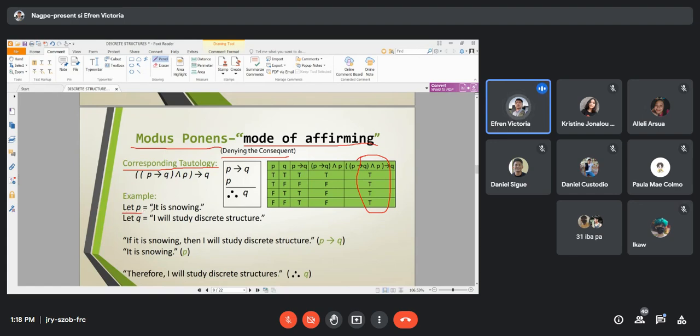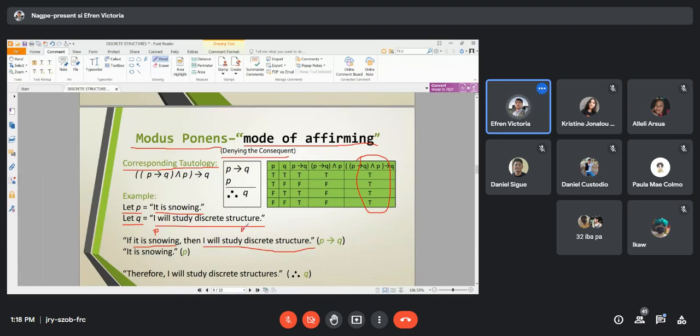Let P is equal to it is snowing. Let Q, I will study discrete structure. If it is snowing, so this is P, then I will study discrete structure.